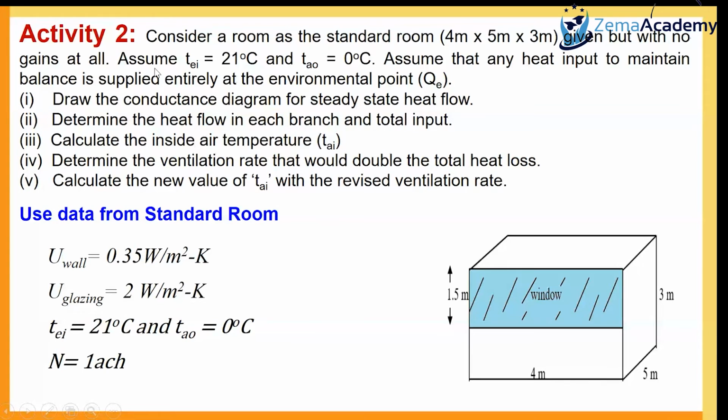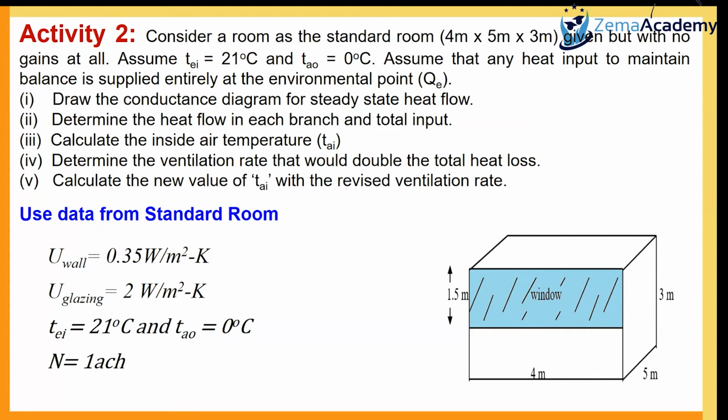I am also assuming that inside environmental temperature is 21 degrees C and outside air temperature is 0 degrees C. And I am also assuming that any heat input to maintain balance is supplied entirely at the environmental point. When I say any heat added to the environmental point, it also means that that heat will not be appearing immediately. Why?